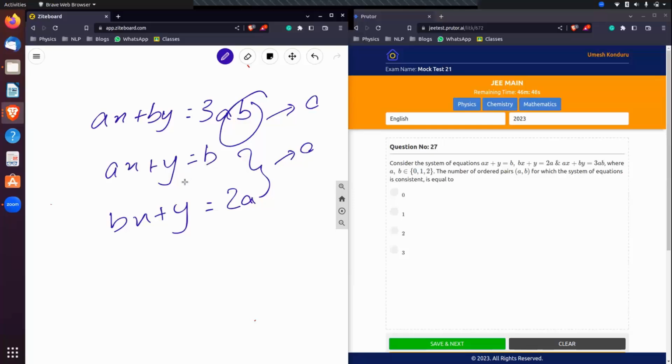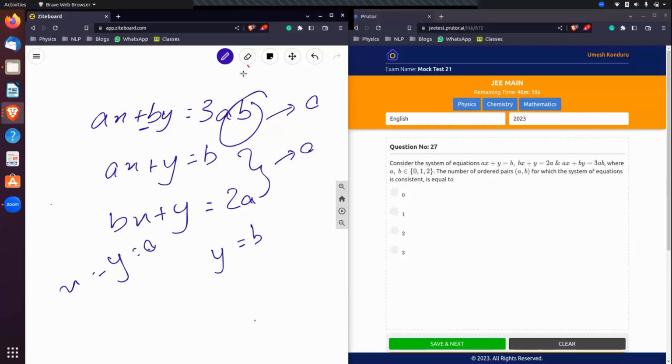So that means you always get two equations of the form. So let's say a becomes 0, you get y equals b. But then you also have two homogeneous equations which say that x equals y equals 0.